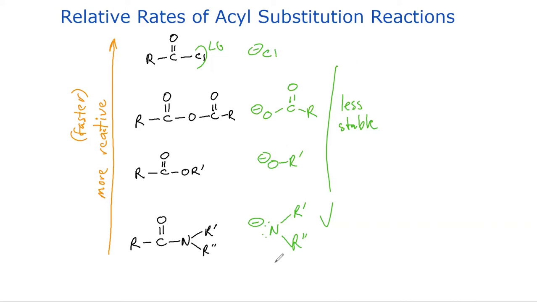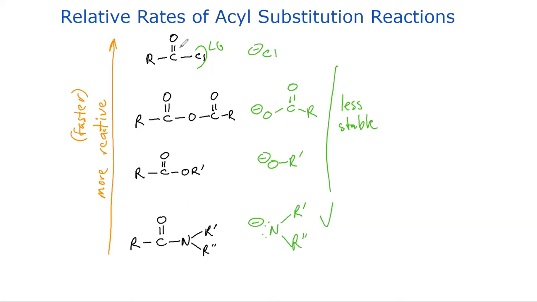It's a good chance to revisit acid-base chemistry. One of the drawbacks, of course, is that in acid-catalyzed hydrolysis these really aren't the leaving groups, because we wouldn't be making O minuses or N minuses in acid, but the general trend still holds.